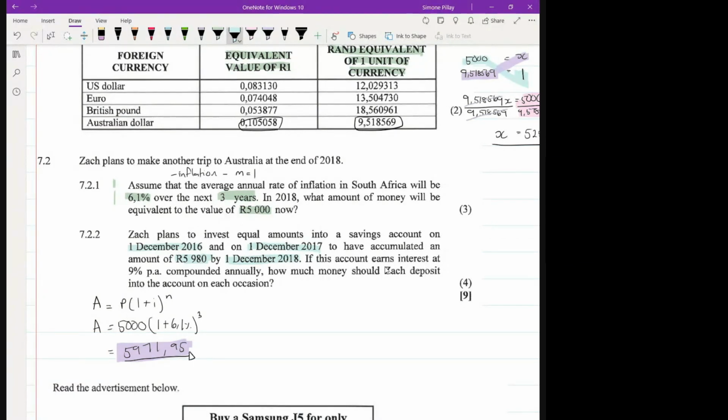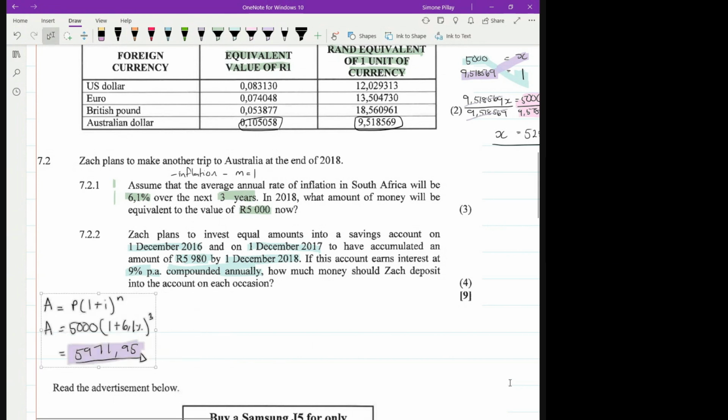If this account earns interest at 9% per annum, compounded annually, how much money should Zach deposit into the account on each occasion? Now, this one is a little bit of a tricky one, but it's really not so bad.